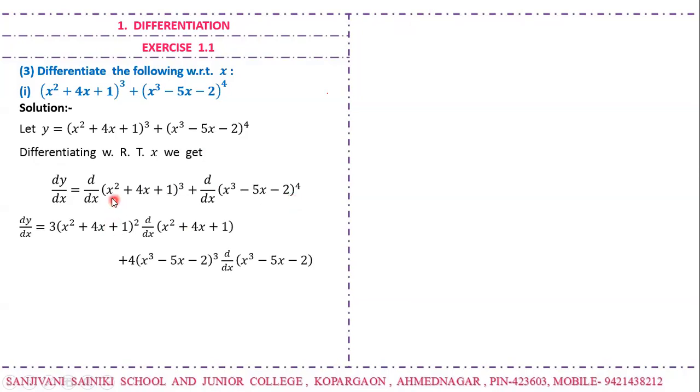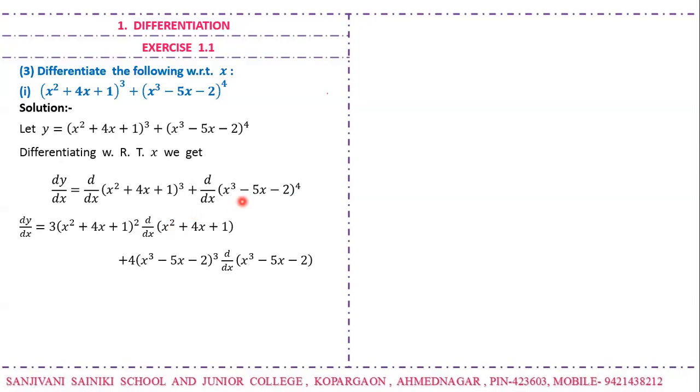Now the derivative of the first expression, (x square plus 4x plus 1) bracket raised to 3, is obtained by using the chain rule. Treat this bracket function as f of x, as x square plus 4x plus 1. So here we get f of x raised to 3. Its derivative is given as 3 times f of x raised to 3 minus 1, it is 2, into d by dx of f of x.